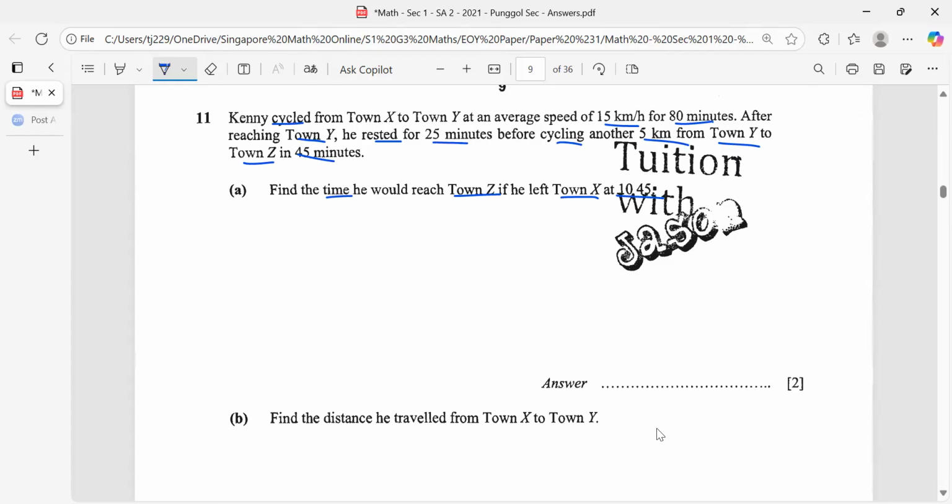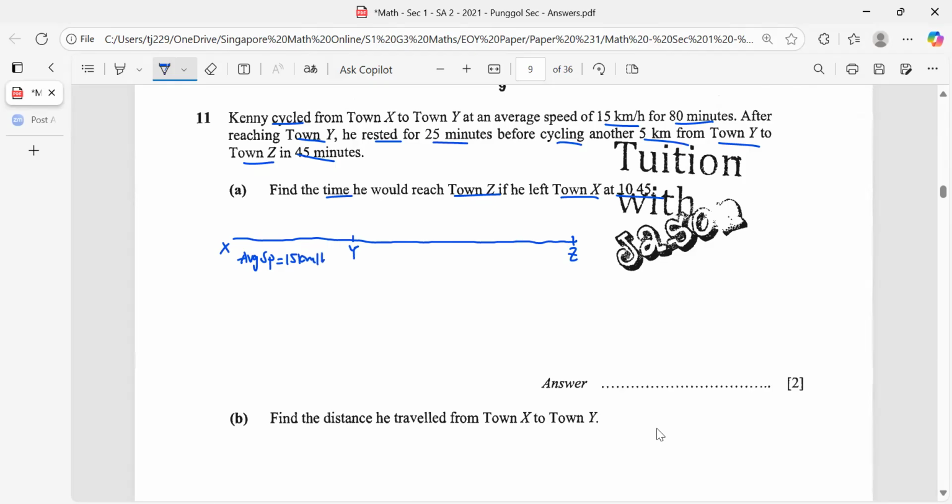Okay, so it might be a good idea for us to draw the timeline so that the information in the question may be put out to view more easily. So we have town X, town Y, and town Z. From X to Y, it's at an average speed of 15 km per hour. Okay, I'm going to put down average speed.